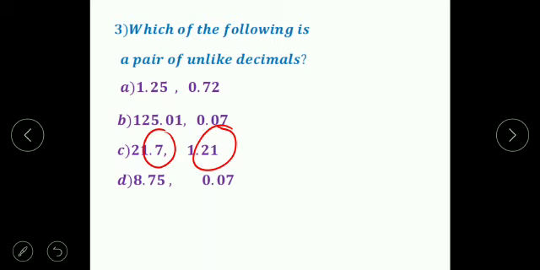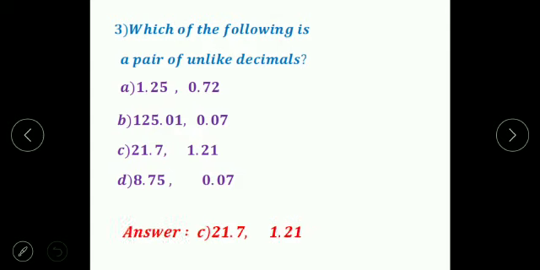Correct? See option number D: here after the decimal point there are two digits, and in 0.07 also two digits. So option number D is like decimals. So what is the question here? Which of the following is a pair of unlike decimals? What is the answer here? Option number C, 21.7 comma 1.21. This is the answer of question number 3.